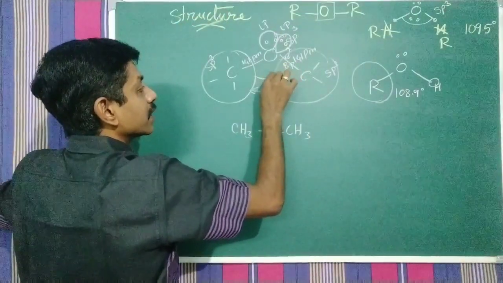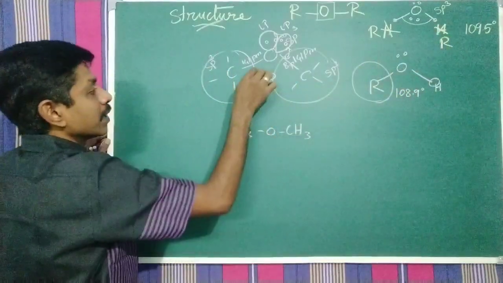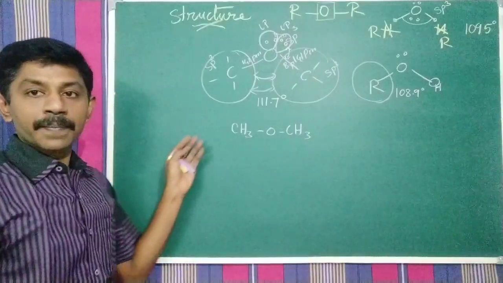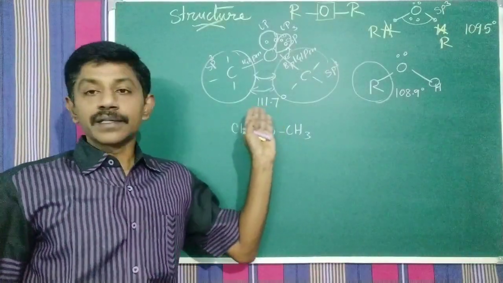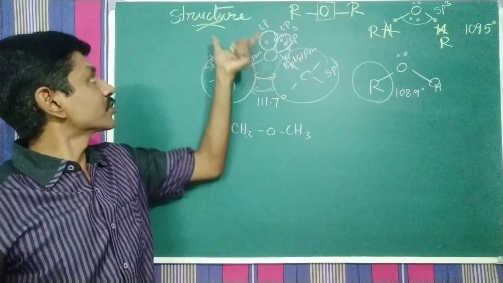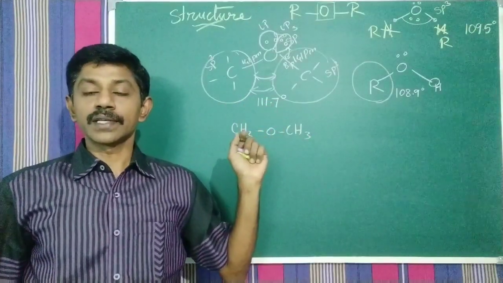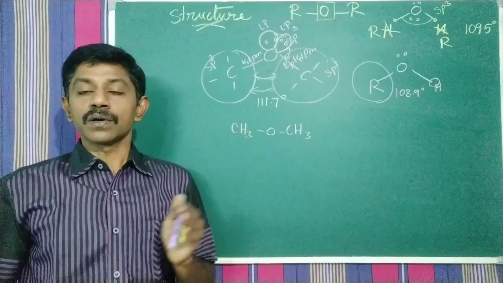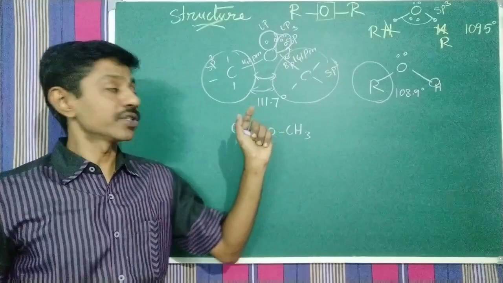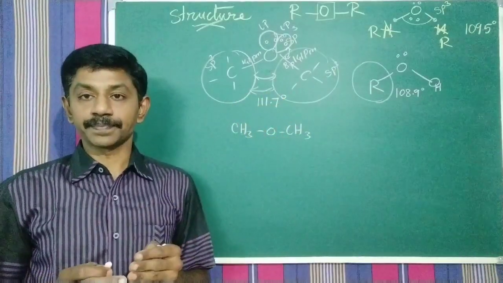Because of that, the expected tetrahedral angle is 109.5 degrees, but what actually exists is 111.7 degrees. This bond angle difference can be asked in 2 mark or 3 mark questions, and generally the structure of ethers and why this bond angle variation occurs, everything we have to write elaborately in line with the tetrahedral geometry, the sp3 hybridization, and the alkyl group repulsive effect, that bulkiness problem.